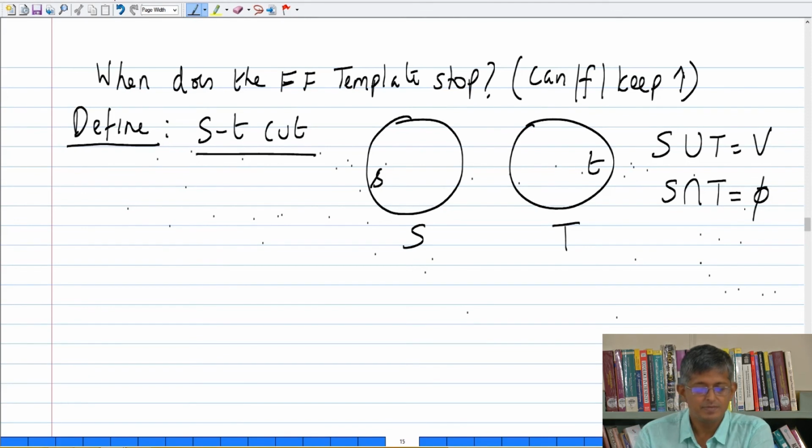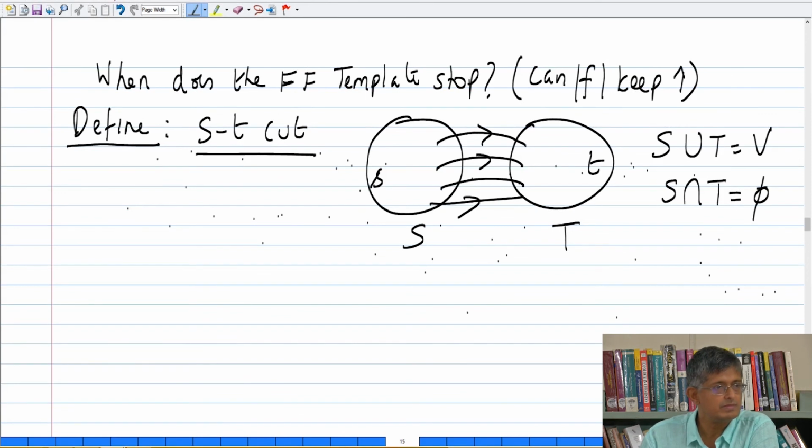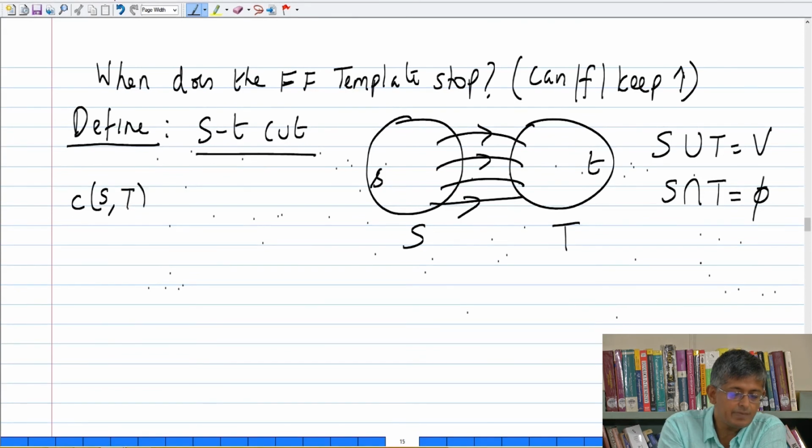We will define something called the capacity of this cut. So obviously there are edges that are going from here to here. Like the capacity of an edge, we are going to extend the definition to the capacity of a cut. You can think of this as every road in the network has a capacity, how much traffic it can carry.